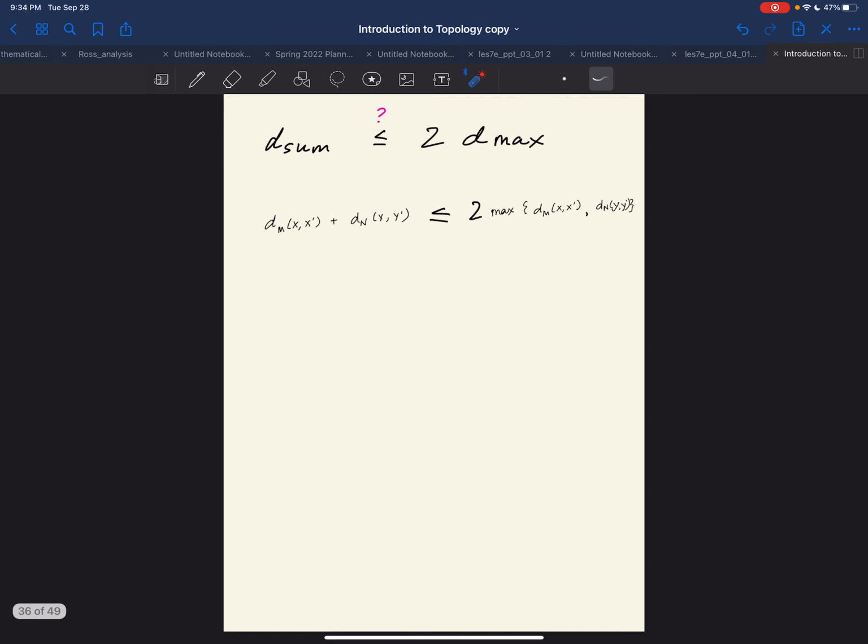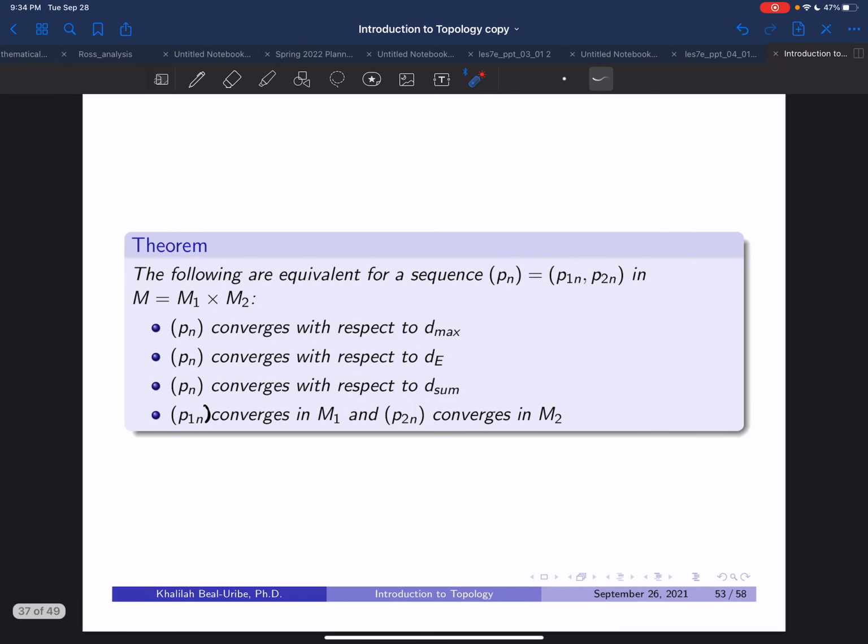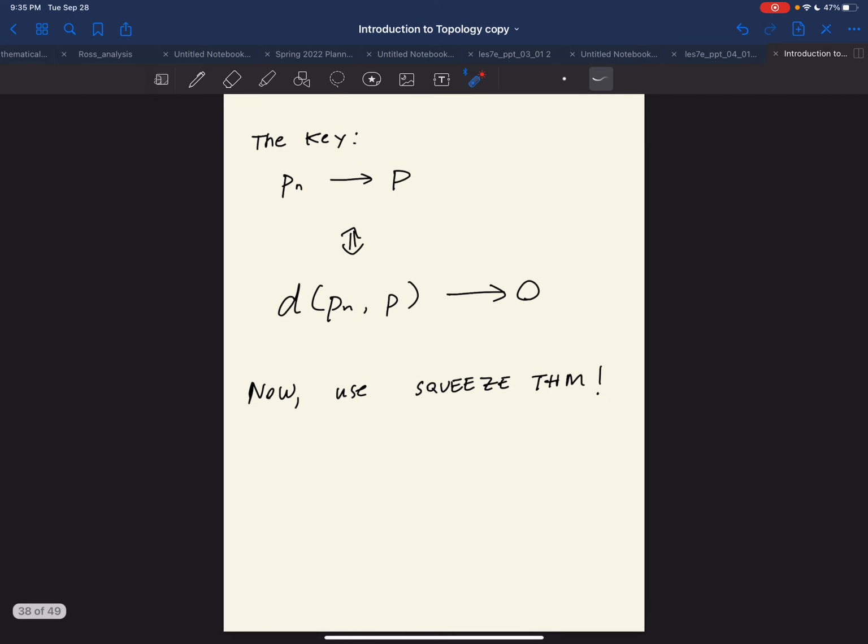But some finite factor, okay? And then we would have equivalence still. The proofs would be the same or very, very similar. And then we would have convergence of the sequence in your product space if and only if each component converges, right? So we would add p_3n, and however many you have, okay?